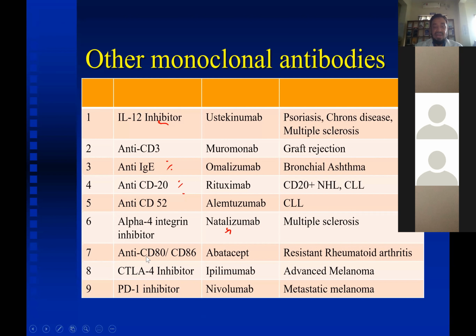Then you have anti-CD80 or anti-CD86, which plays a role in co-stimulation. We have studied the concept of co-stimulation in the previous class. For co-stimulation, either CD80 or CD86 binds to the CD28 antigen of the T cells, or CTLA4.